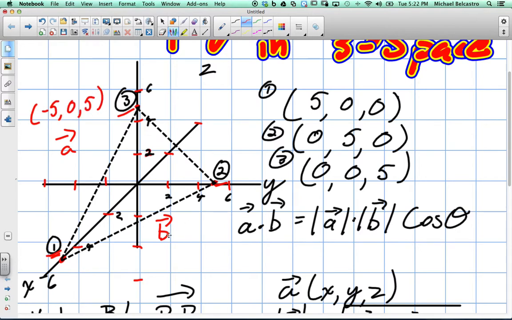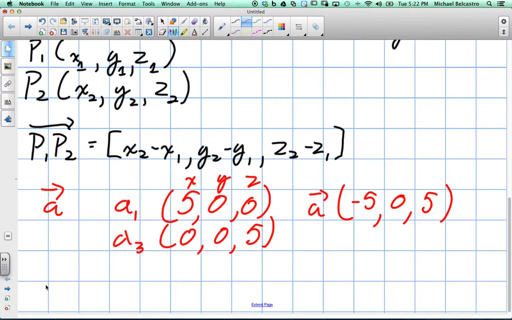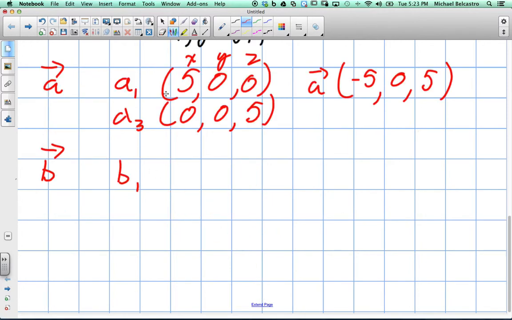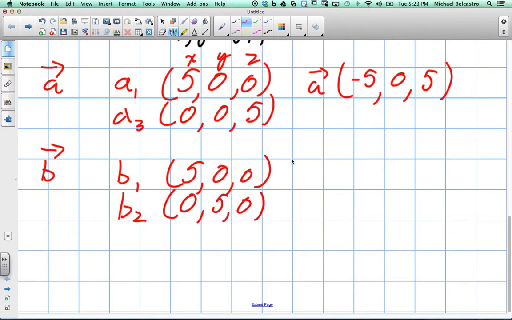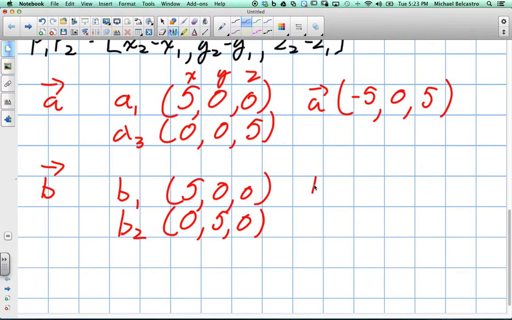Vector B deals with B1, which is coordinate 1, again 5, 0, 0, and B2, which is coordinate 2, 0, 5, 0. Through the exact same formula, vector B is negative 5, 5, 0.